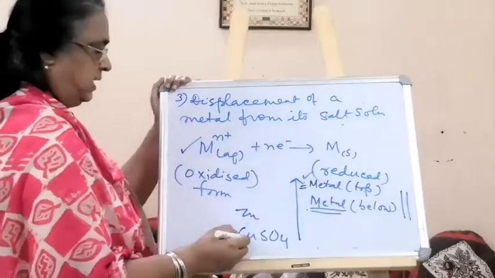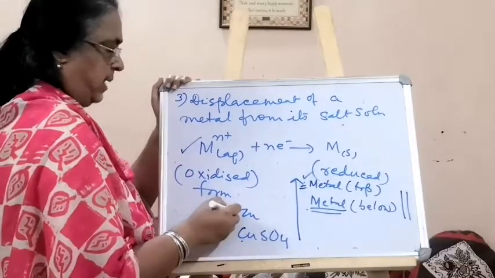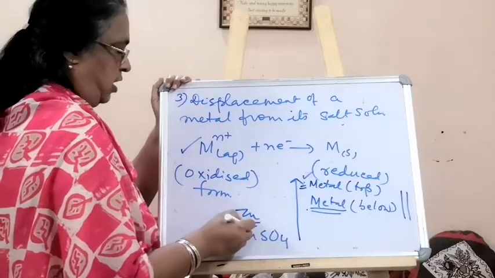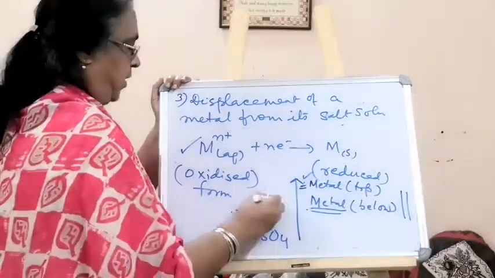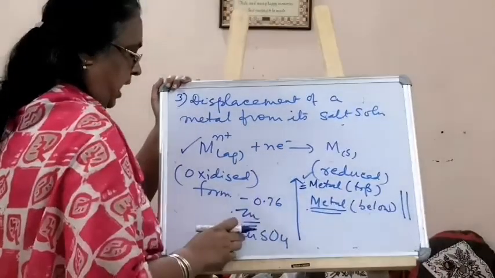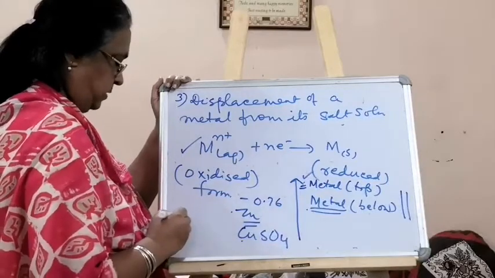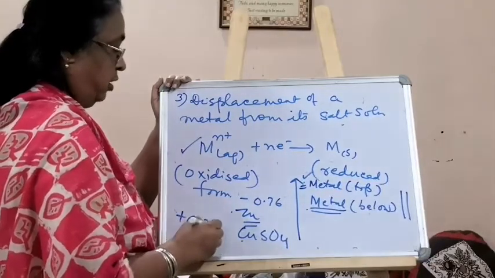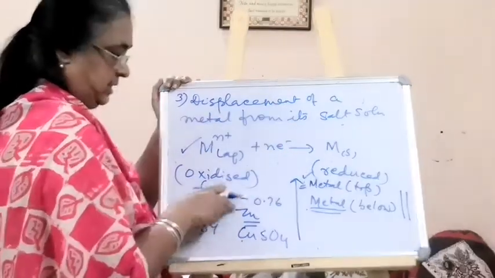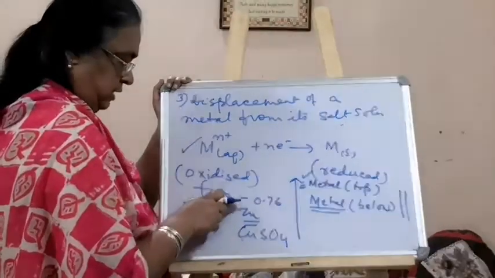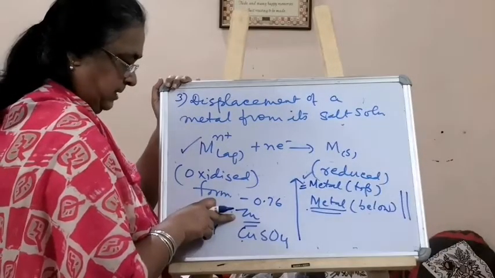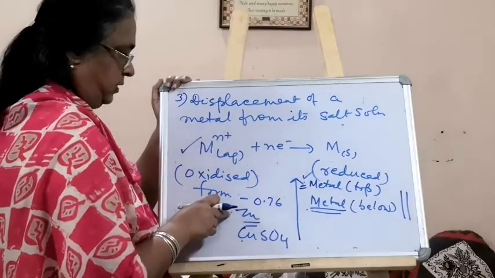Copper is below and zinc is above. The reduction potential of zinc is minus 0.76, and the reduction potential of copper is plus 0.34. So the reduction potential of zinc is less, therefore zinc is able to displace because its reducing power is more.